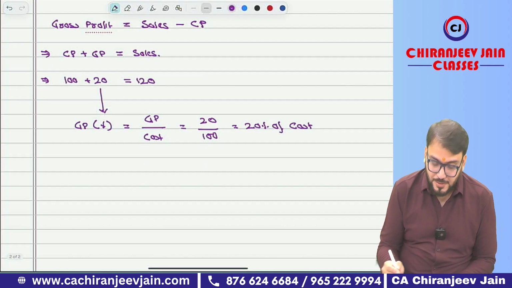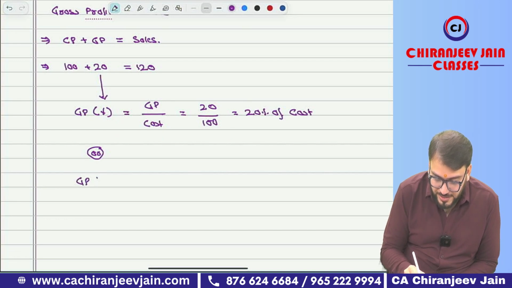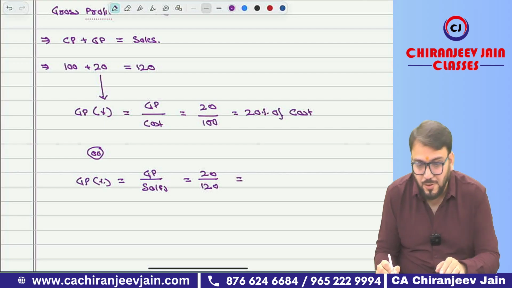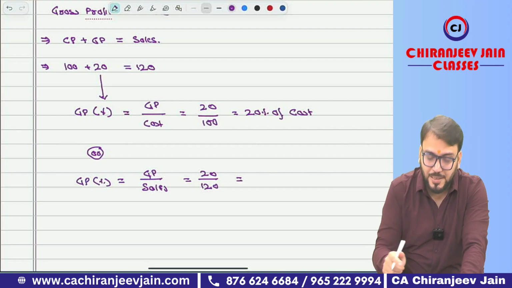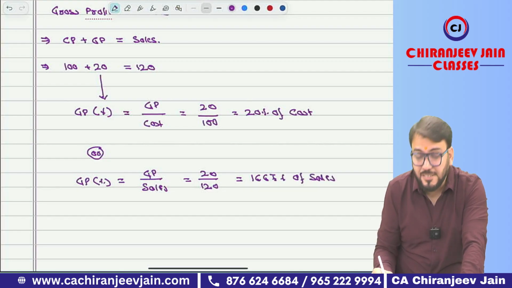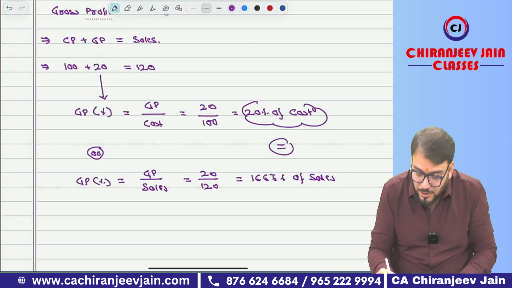Same thing, GP percentage in terms of sales will be GP divided by sales, which is 20 by 120. 20 divided by 120 is 16.67% of sales. Means 20% of cost is actually equal to 16.67% of sales.